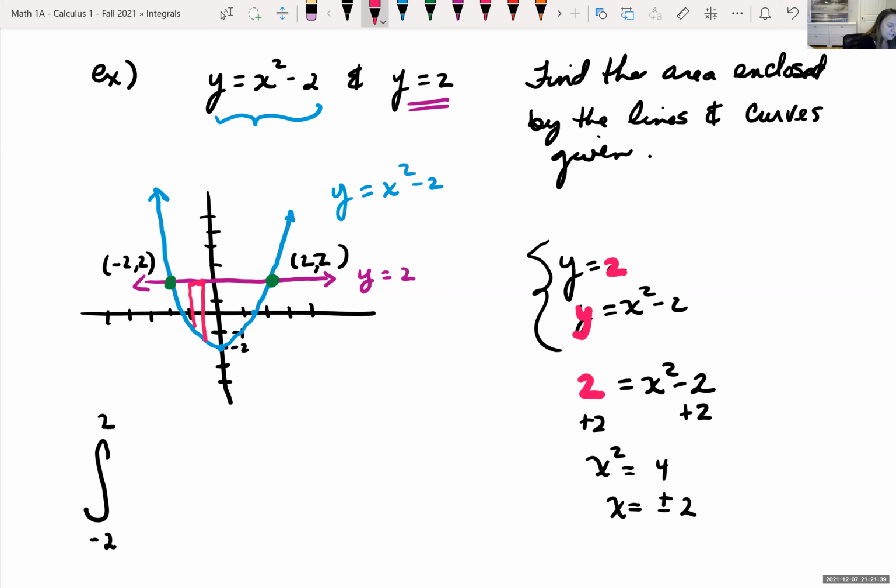The height is the top function. So we're looking at that top function, which is 2, minus the bottom function. And the bottom function in this case is x squared minus 2. So make sure if there's more than one term in that function, you put parentheses around it. And then we have the dx.